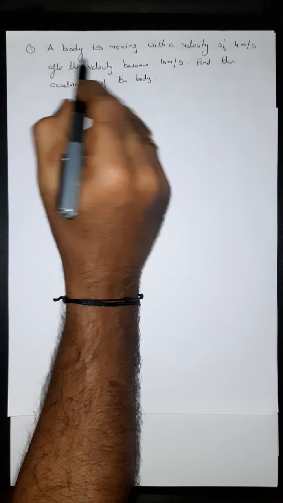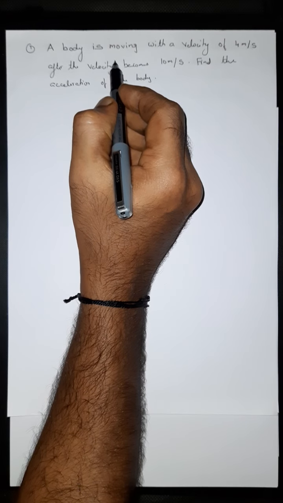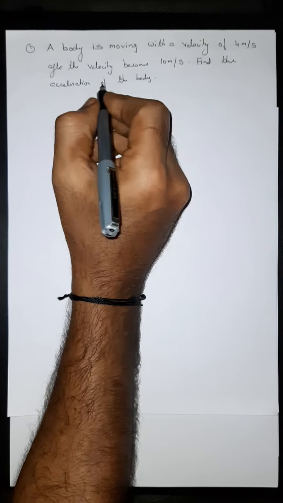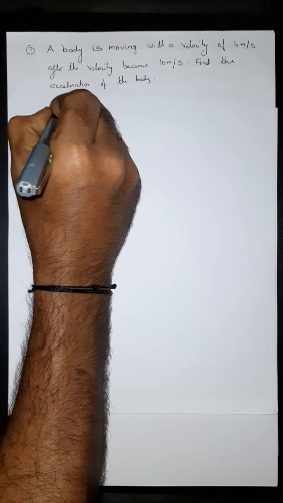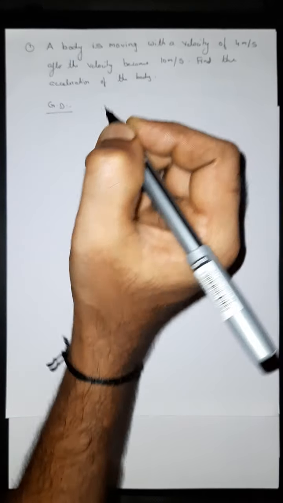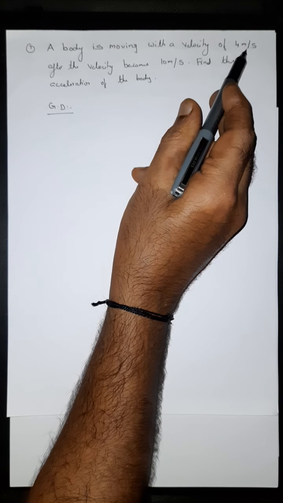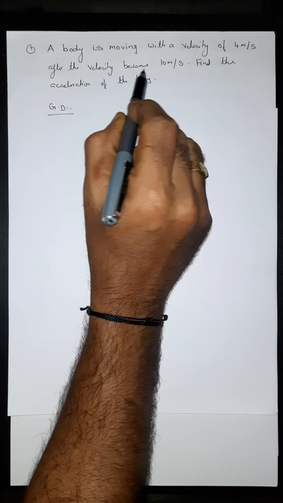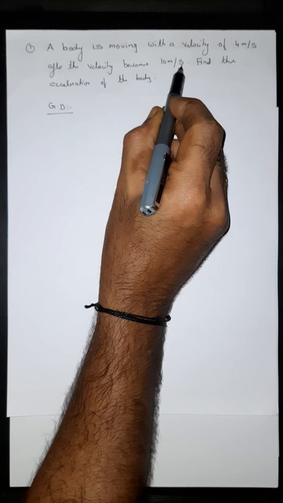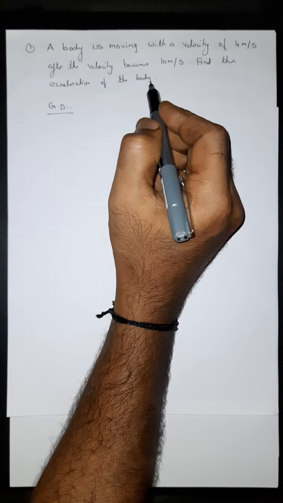Let me just read out the question to extract the given data. A body is moving with a velocity of 4 meter per second. After a time, the velocity becomes 10 meter per second. Find the acceleration of the body.